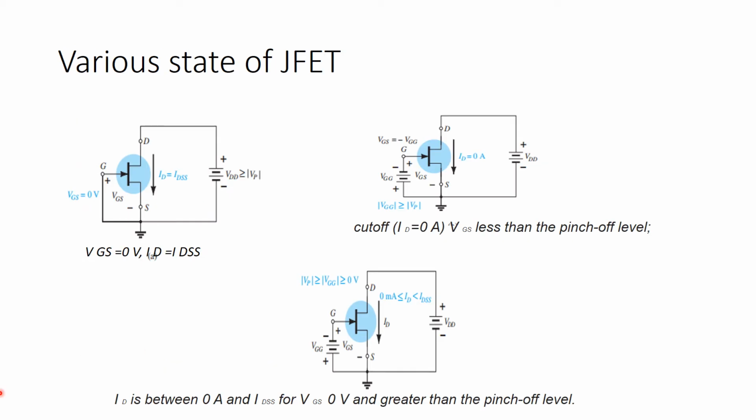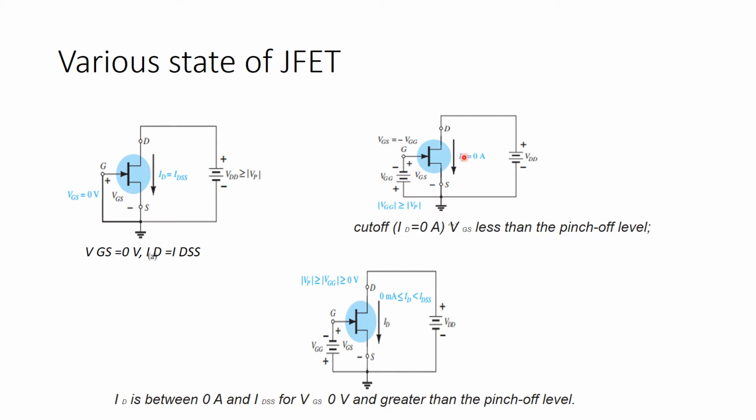So various states of junction field effect transistor. Here this particular circuit is working in active region. The identification of junction field effect transistor in active region, theoretically, is VGS equal to 0 and ID equal to the maximum amount of current flow when the drain to source voltage is larger than the pinch off voltage.